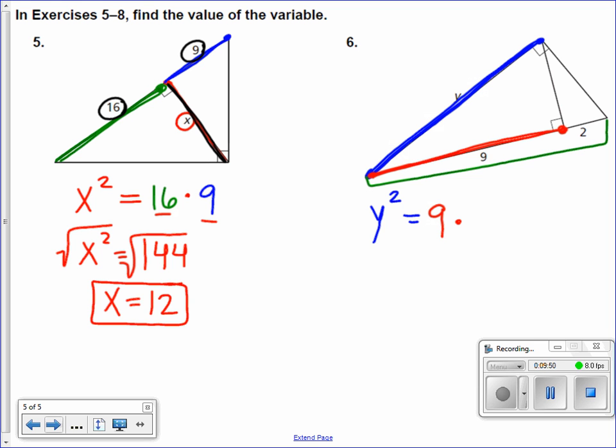Okay, and how long is the whole thing? Well, if this piece is 9, and this piece is 2, 9 plus 2 is 11. And then we solve. 9 times 11 is 99.